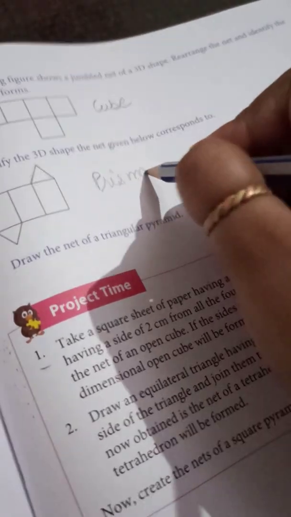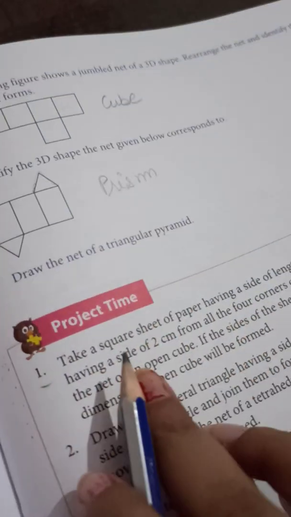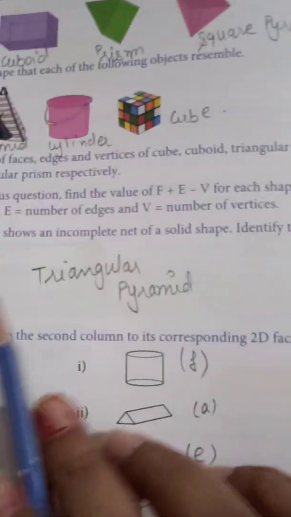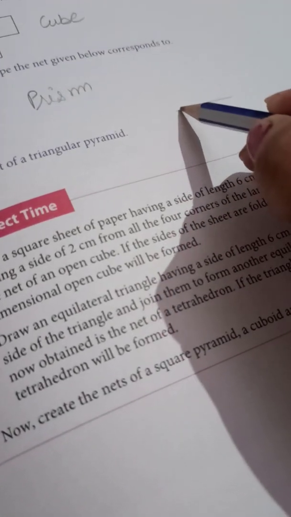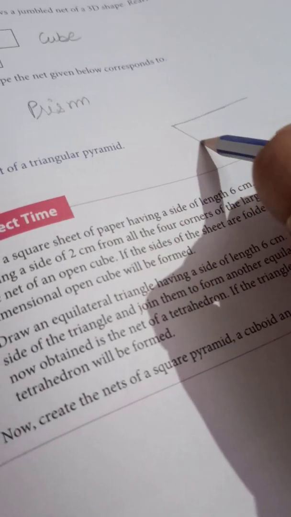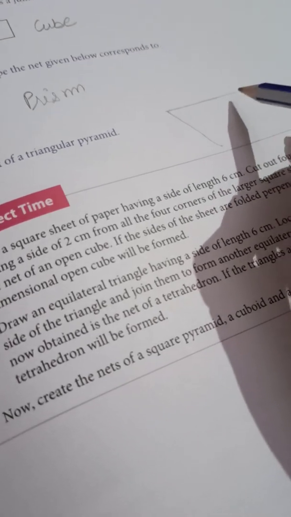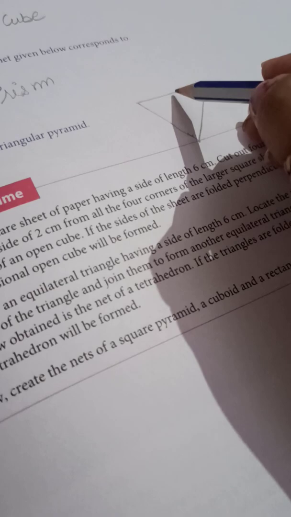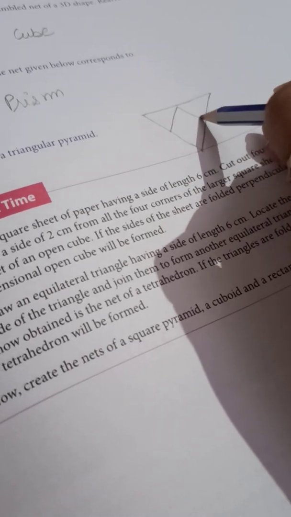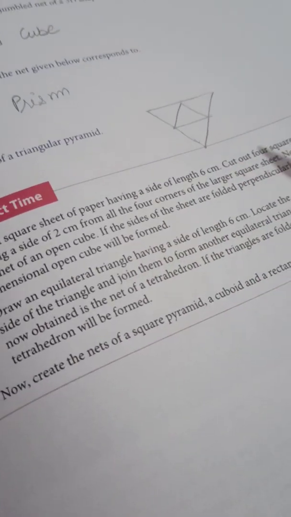These kinds of shapes are of prism. Draw the net of triangular pyramid. Same, it is this one. Clear?